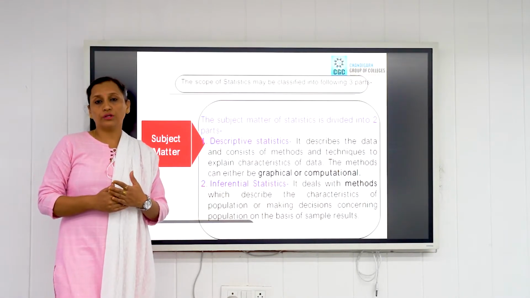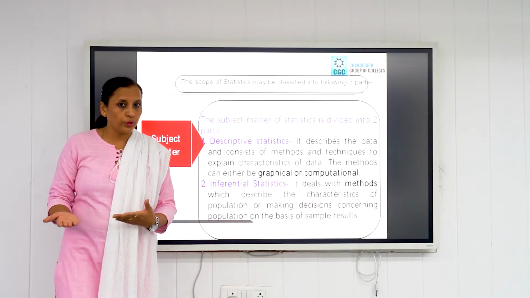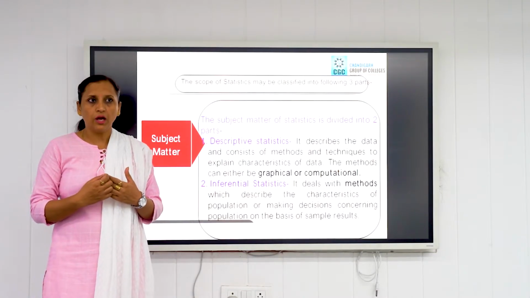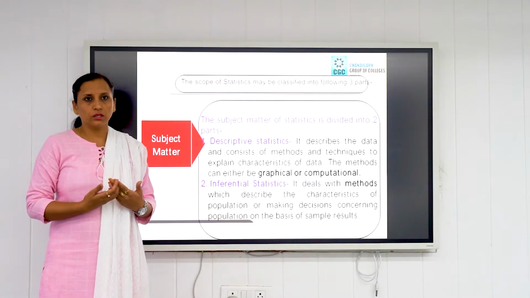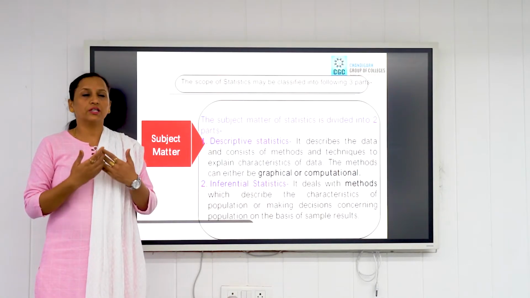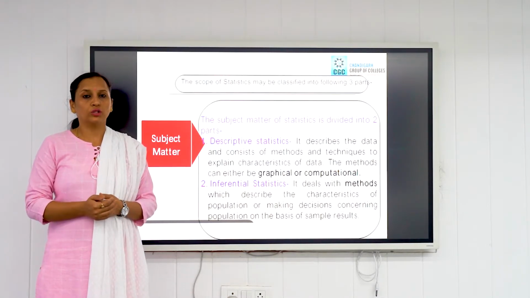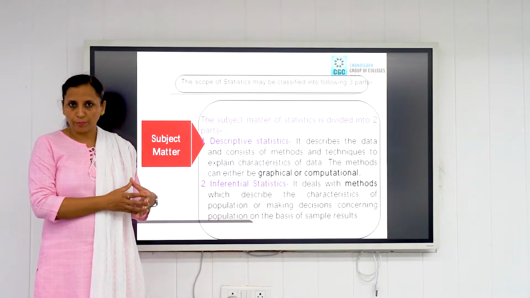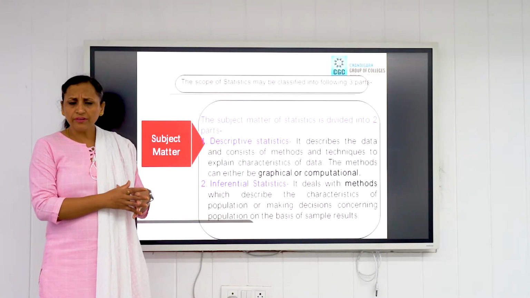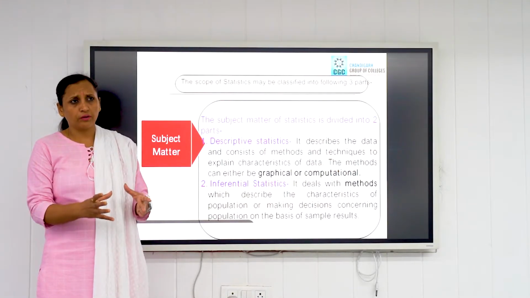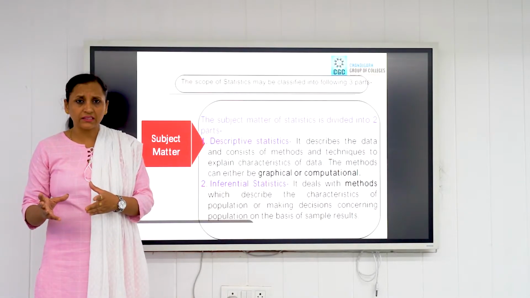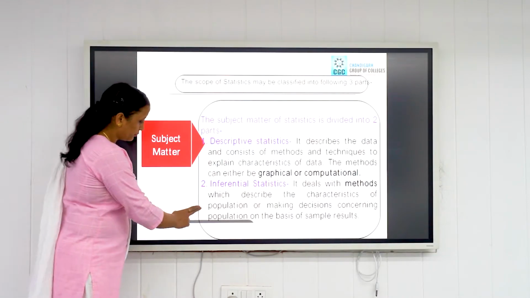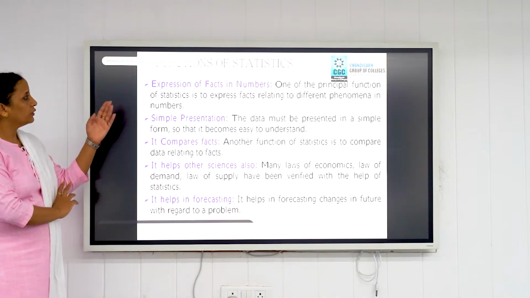Whenever we collect data of any event or object, we must collect the data as a sample, because population data collection is very difficult for us. So we collect the data in sample form, and whatever tools and techniques we implement on the sample represent the population result only.